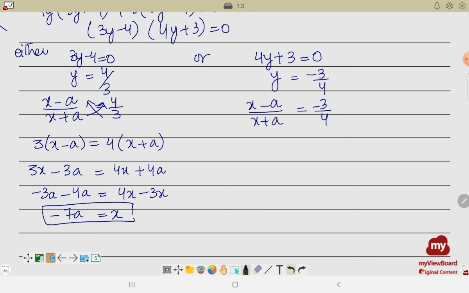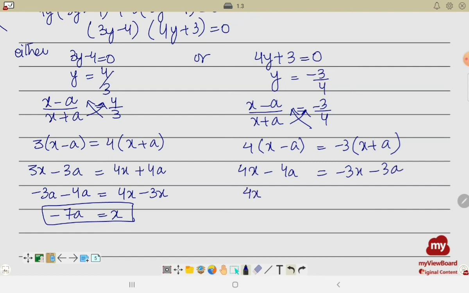So we got one value of x. Let's solve the other factor. Again we are having a single fraction on both sides, so we'll just do the cross multiplication. X plus a, we just open up the brackets, we'll rearrange the terms, and we'll be getting the values. Here again we want x to be positive.